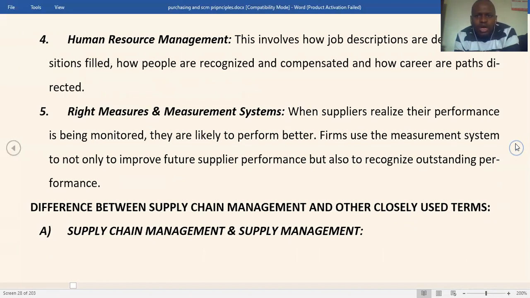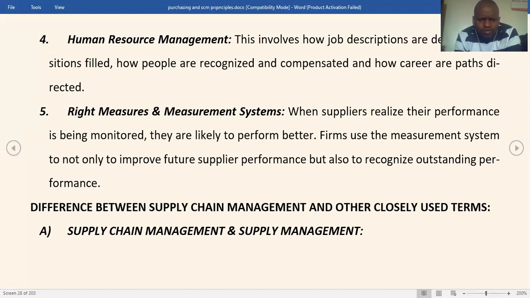This involves how jobs are organized within the organization, various responsibilities, and how they are designed to fit the organization's objectives. The other important thing is the right measures and measurement system. So you're able to come up with various measures that will enable you to perform better.